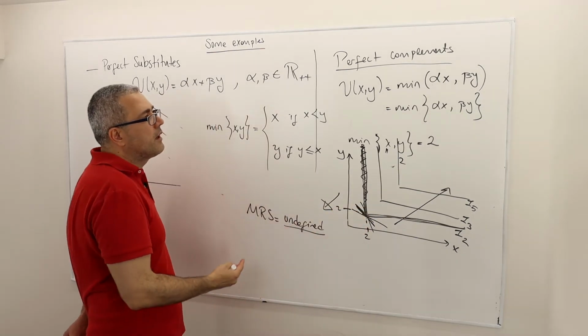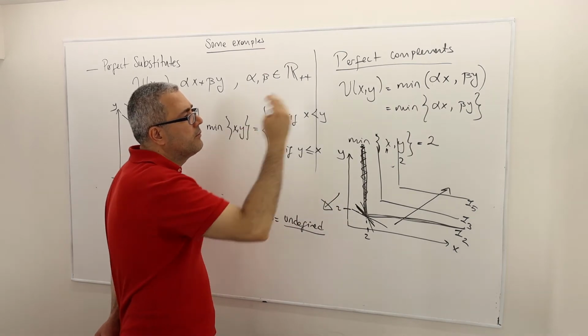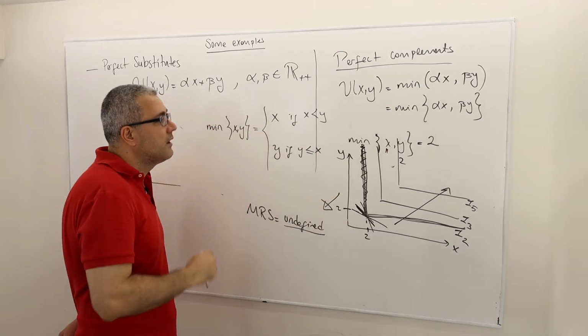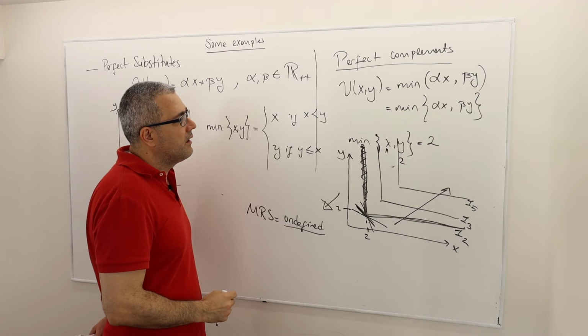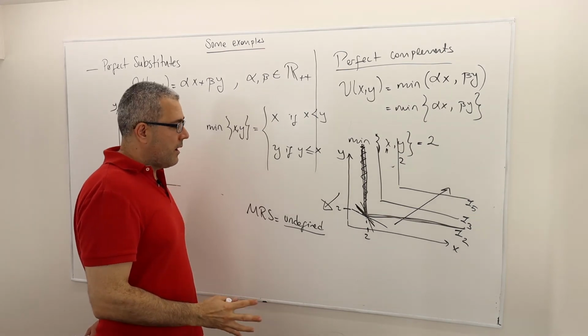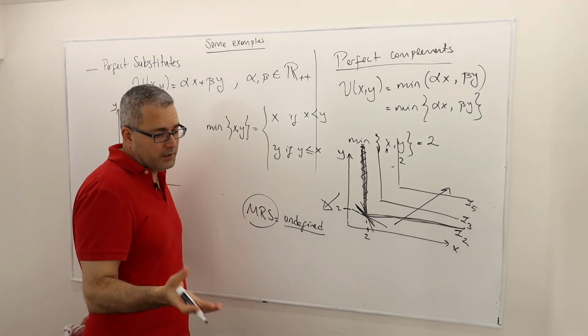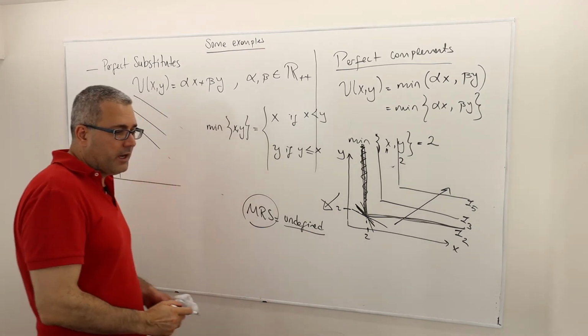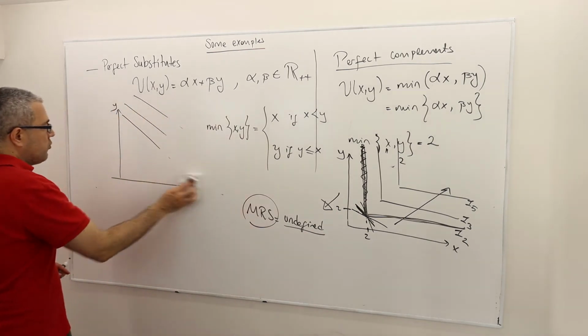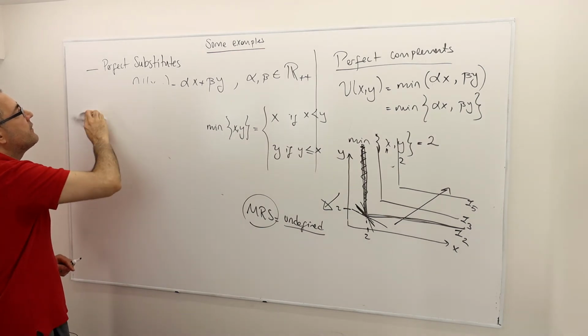So therefore, the marginal utilities are not differentiable. The marginal rate of substitution is not defined. So the marginal rate of substitution is not possible to calculate.